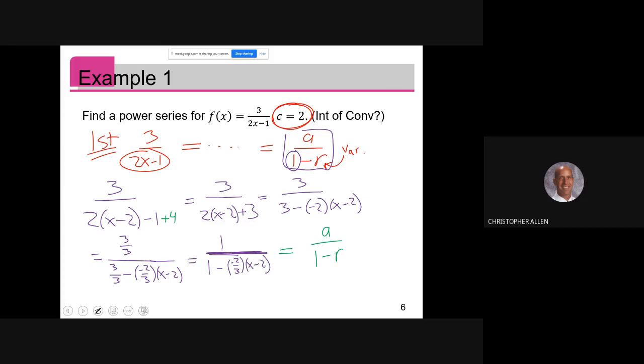So what is A? Well, A is 4. That's easy. What is R? R is a little bit harder. It is negative 2 over 3, and then the quantity x minus 2. That's what R is. Notice that that 1 there is the way that I want it to be.